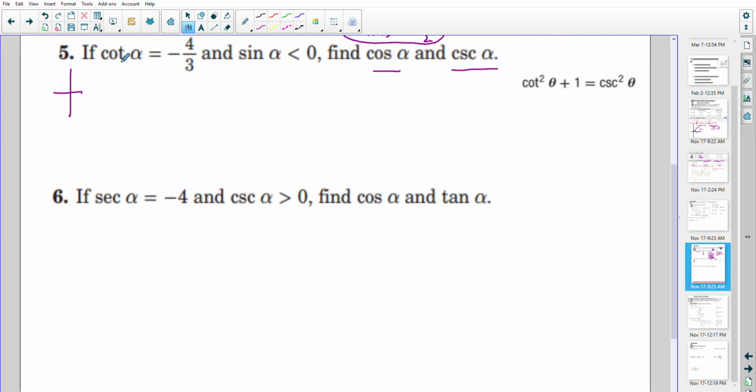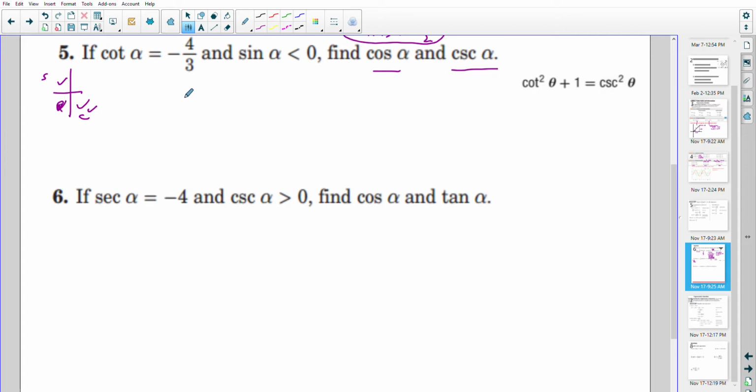Negative cotangent can be in this quadrant or this quadrant by SATC. Again, these are the positive functions, the others are negative. And the sine is negative in this quadrant. So I'm talking about the fourth quadrant, which I'm going to remember when I finally get my answers.